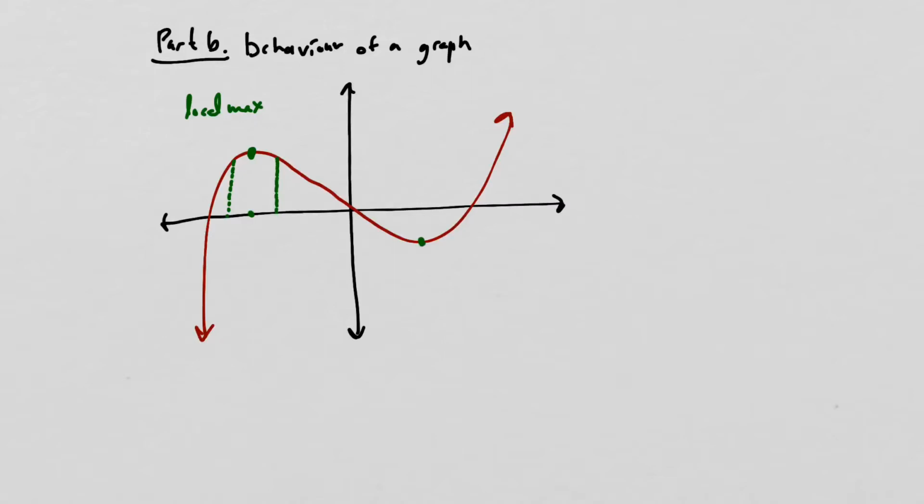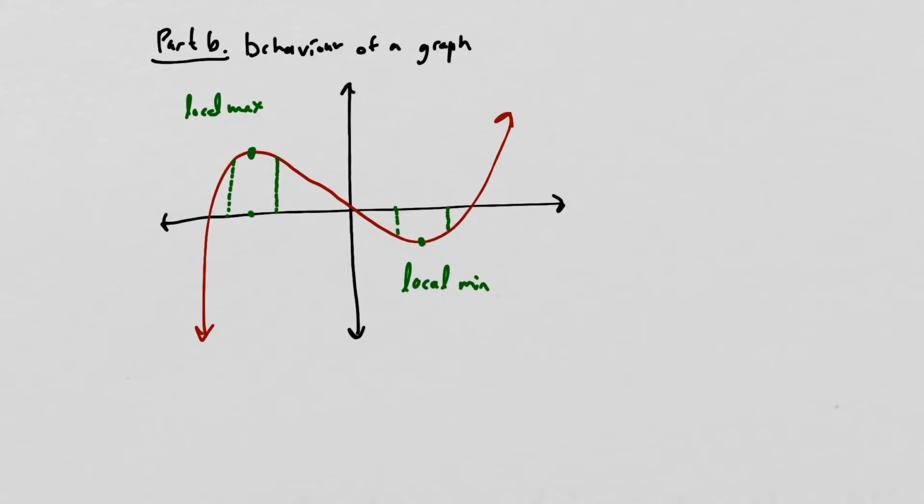By a very similar argument, over here we have something called a local min. And the reason why this is called a local min is because, again, we can find a very small neighborhood around this point where all the y values on the graph are larger than the y value of this local min here.